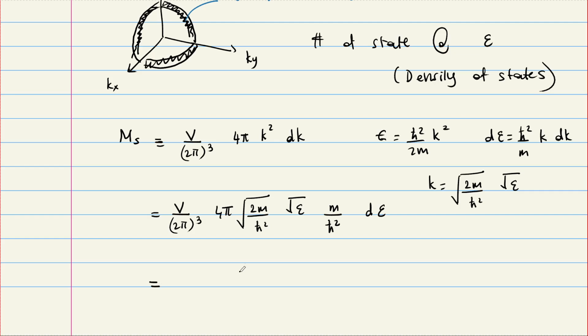If I collect everything, I have V times 4 pi. Let me write it in two steps so you can follow. This one is the 3/2 power. One 2 pi is going to cancel, so this is 2 pi squared.